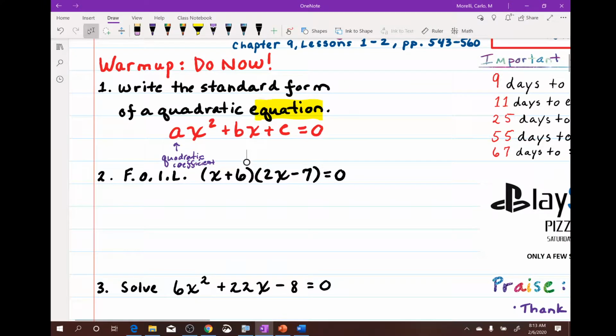Okay, so that A term is called the quadratic coefficient. The B term is called the linear coefficient. The C term has no variable, so we call that the constant term. So quadratic, linear, constant.